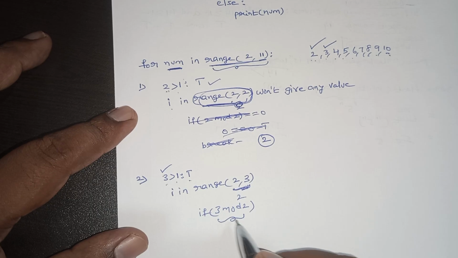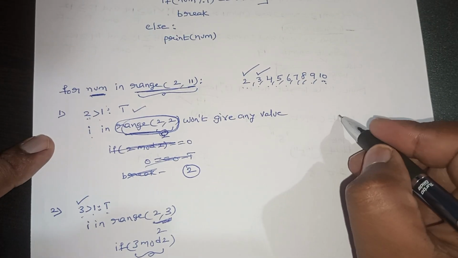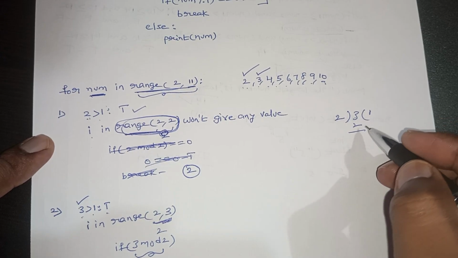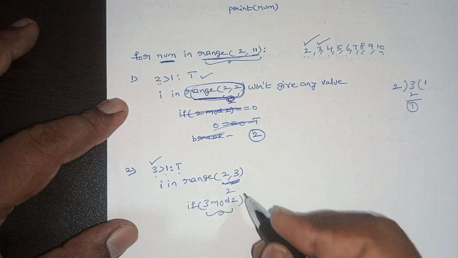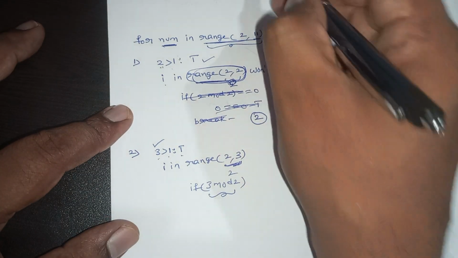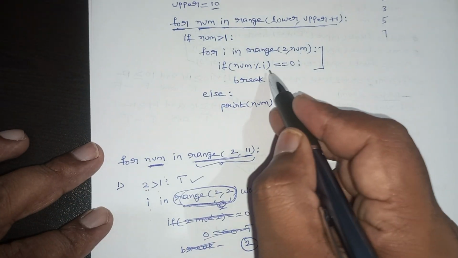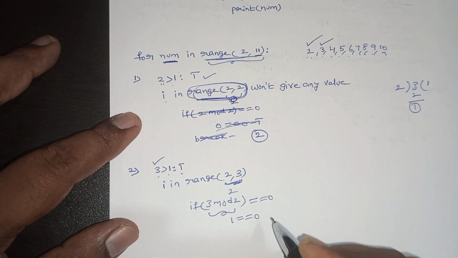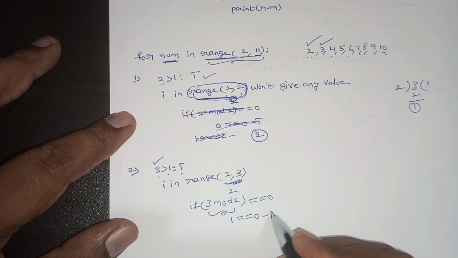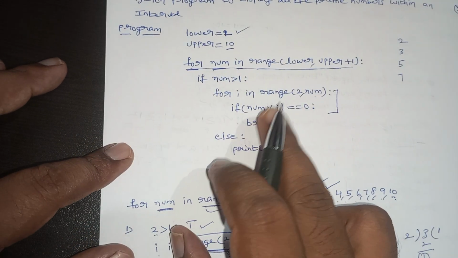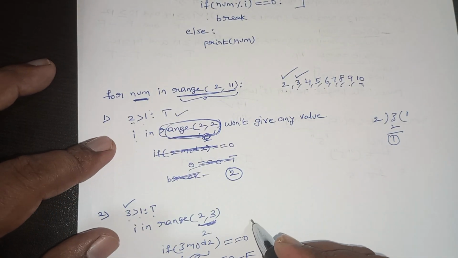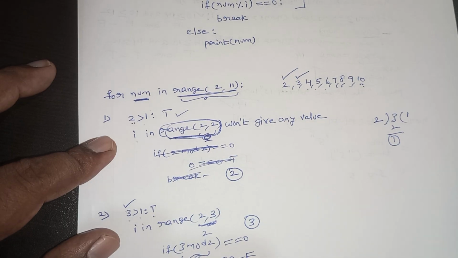When you divide 3 by 2, 2 ones are 2, so 3 minus 2 is 1, the remainder is 1. So 1 equal to 0, condition true or false? Condition false. Because condition is false, don't go here. Then you have to print num. I am printing that 3 is a prime number.